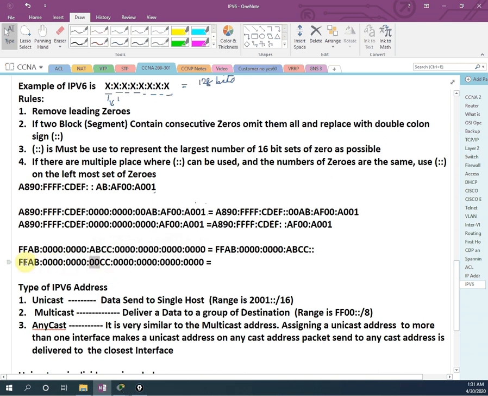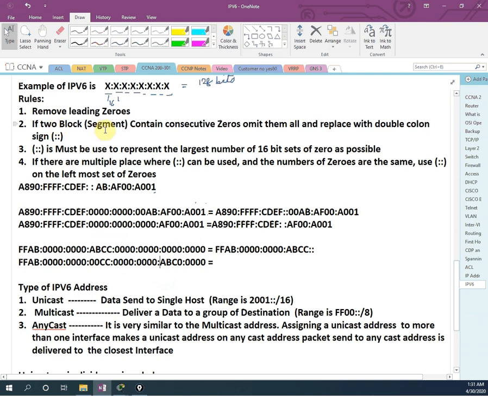If you have, for example, one 0 here and then A B, or you will have A B C and 0 colon like this, so we can remove this 0 and keep it like this. Okay, I mean this one. So remove leading 0, this is the first point.